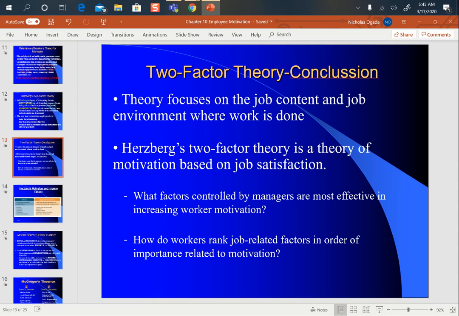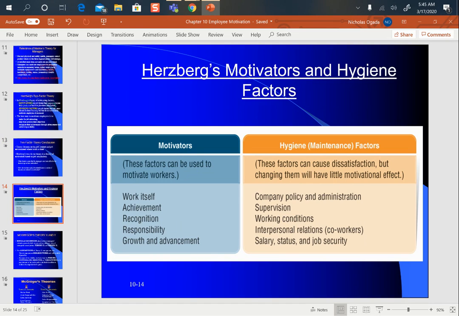And the second part is to think about how workers rank job-related factors in order of importance related to motivation. I will summarize by showing you what those motivators and hygiene factors are. Again, this is according to Herzberg.